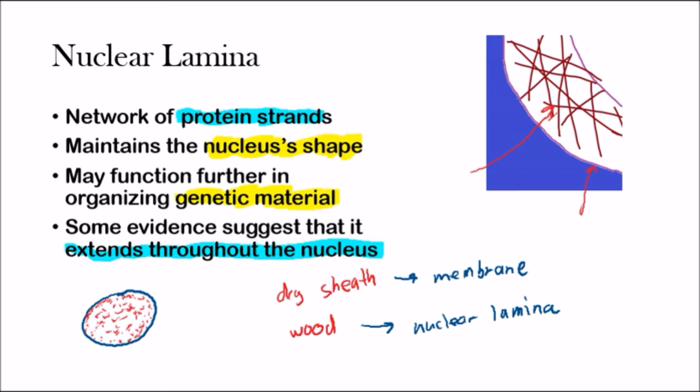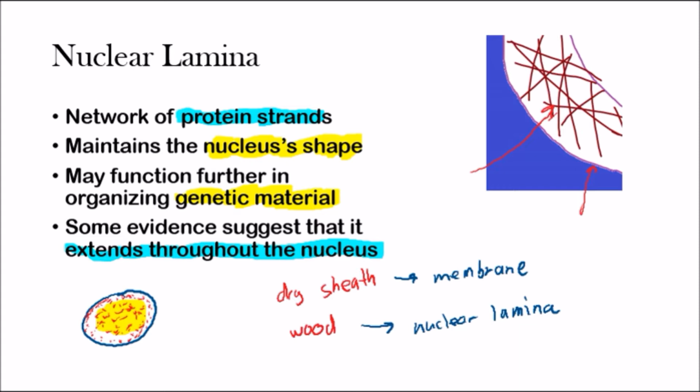As we know from pre-AP biology, the nucleus consists of genetic material, and the genetic material is found in this inner region of the nucleus, which we'll get into in just a second.